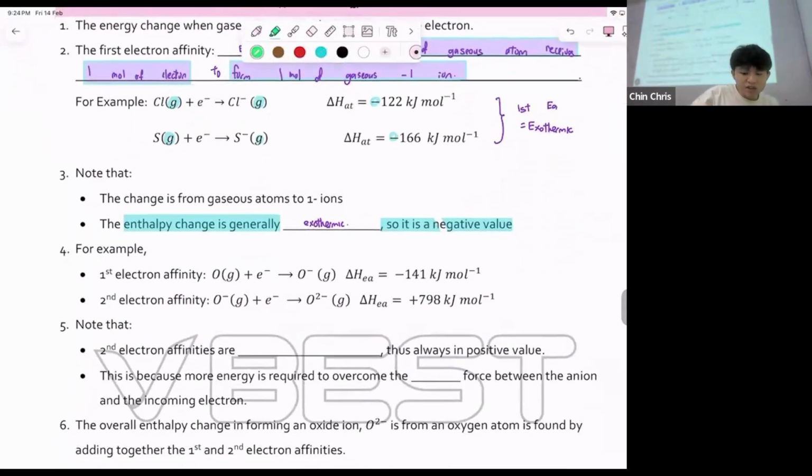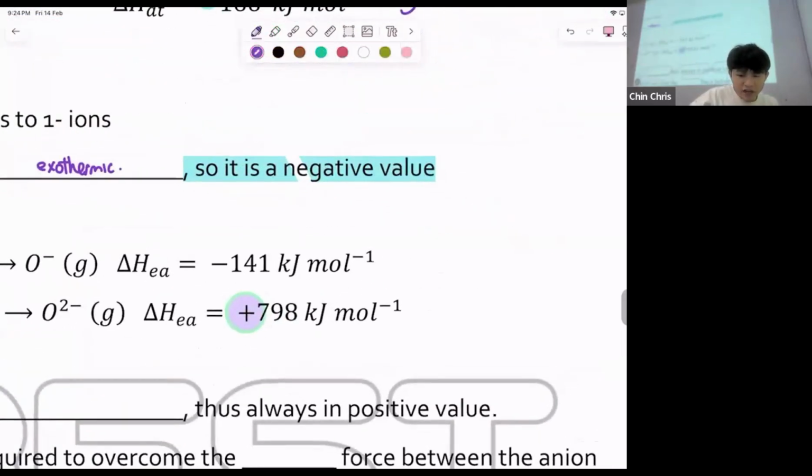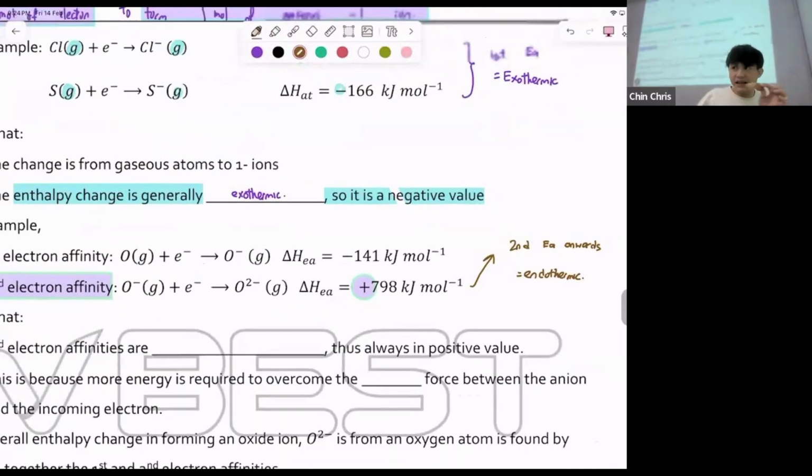All right, guys, next, highlight this second EA, highlight plus, and write it down as second EA onwards. It's going to be endothermic now. Okay, guys, remember second EA onwards is endothermic. You guys done, right?